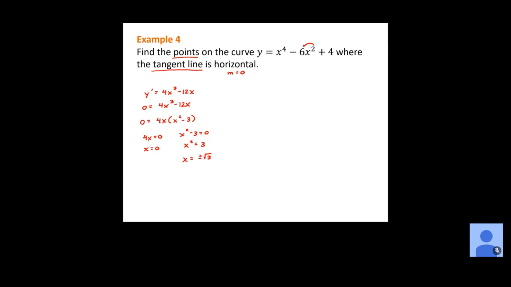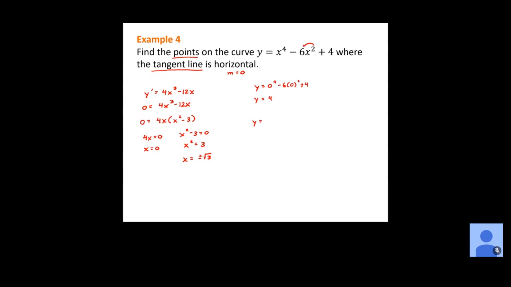We need to plug those x values back into the original equation to find the corresponding y values. So we'll start with 0. So we've got y equals 0 to the 4th minus 6 times 0 squared plus 4. So that's going to give us y equals what? Y equals 4. Good.